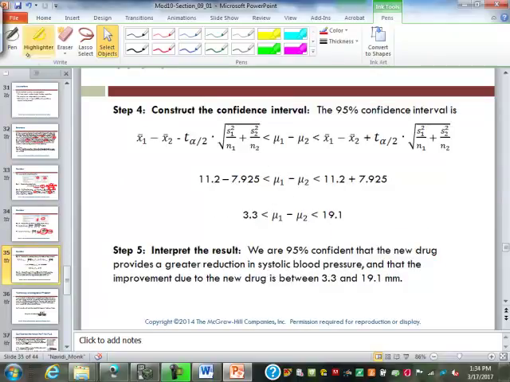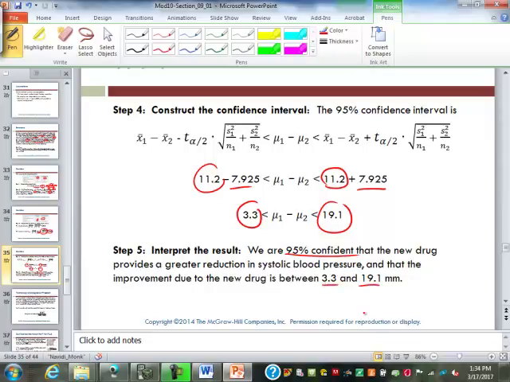So we take our point estimate, 11.2, subtract to get the lower end of 3.3, and add to get the upper end of 19.1. That was actually 3.275 and 19.125, but they rounded them. So we're 95% confident that the mean difference in blood pressure drop is between 3.3 and 19.1.